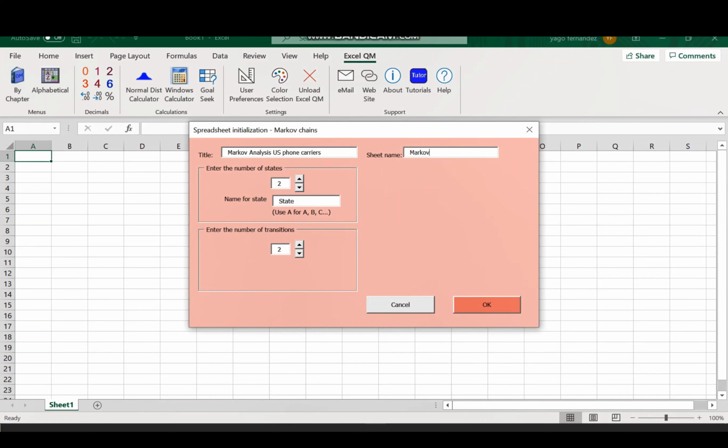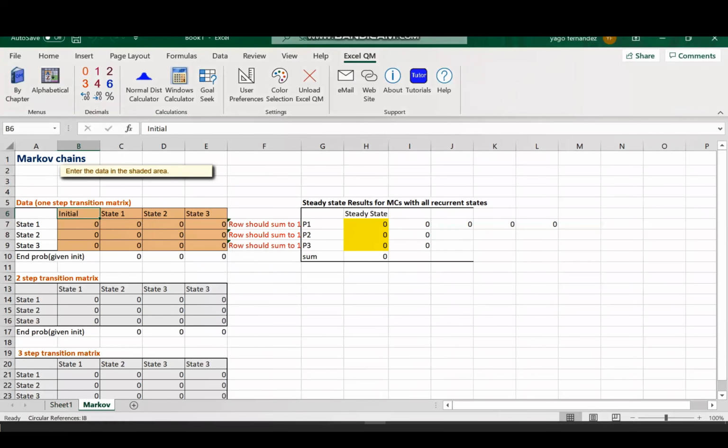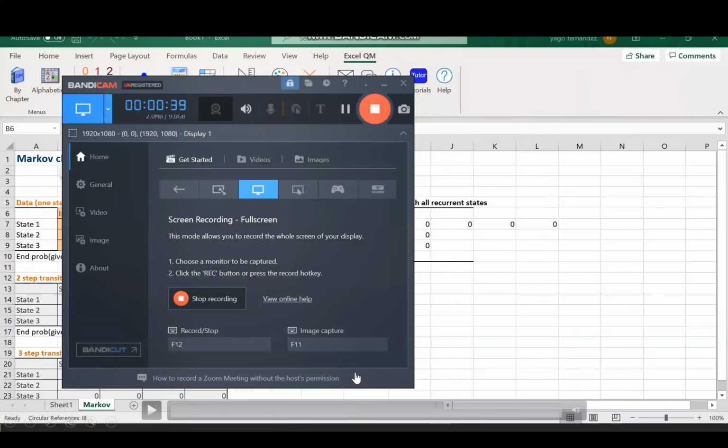I've used the number of states 3, because there are 3 companies. And then I've obtained this, and then you need to plug in the numbers, as you're going to see in the following slides.